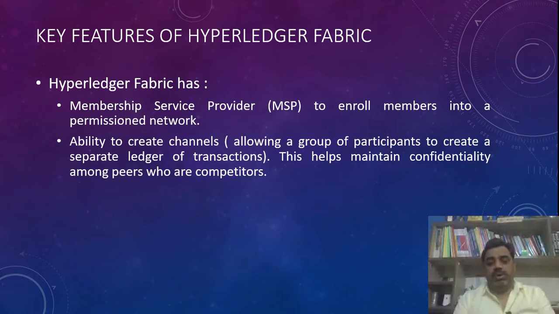Suppose we have a Hyperledger Fabric application with two members who are competing with each other to get a slice of the business, and I would not like one member to see what the other member has got, what price, what conditions, etc. So I will create a channel between the enterprise and one vendor, and another channel between the enterprise and the second vendor.